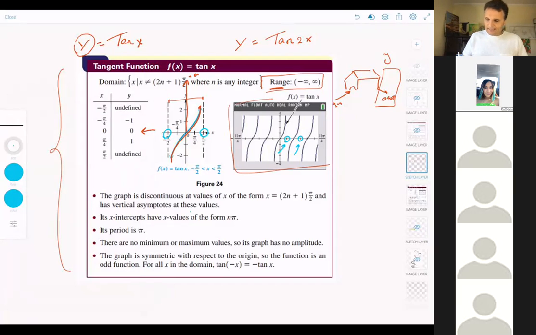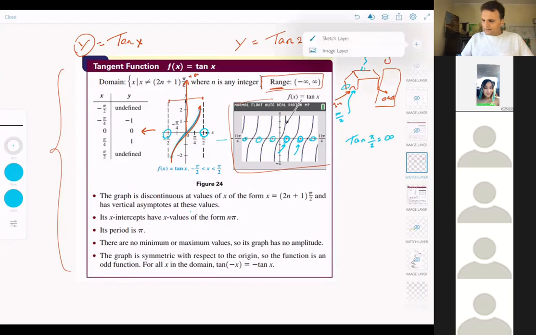That means if this was a factory, we cannot plug pi half inside of this. If pi half goes inside of the factory, tangent of pi half will be infinity. It doesn't exist, so there will be no output. So we need to prevent that. So somehow we have to put a gate here that says we don't accept pi half. But there are so many of those, correct? All the blue ones. That means this continues. How do we list them?